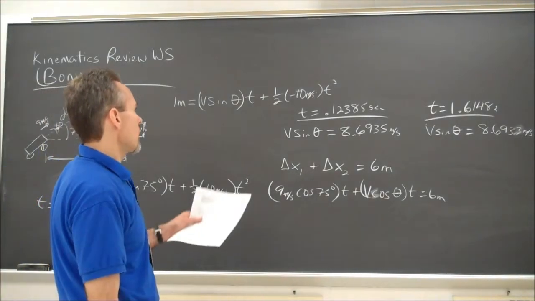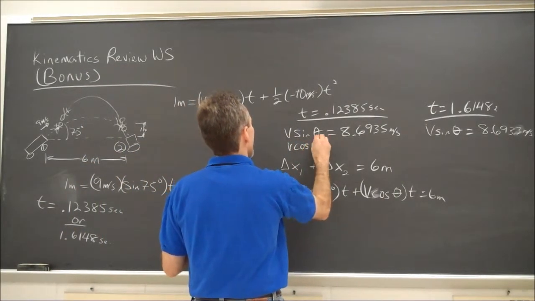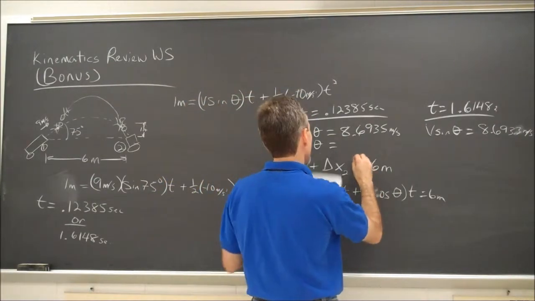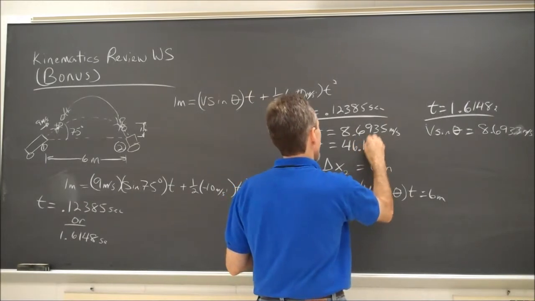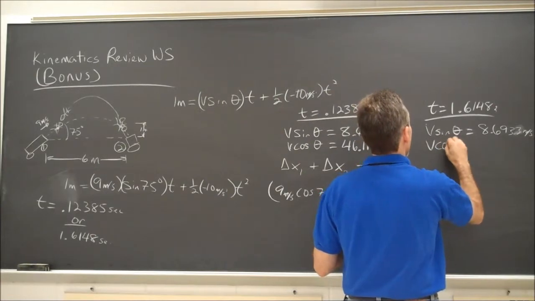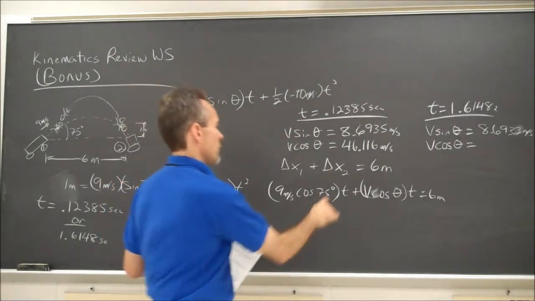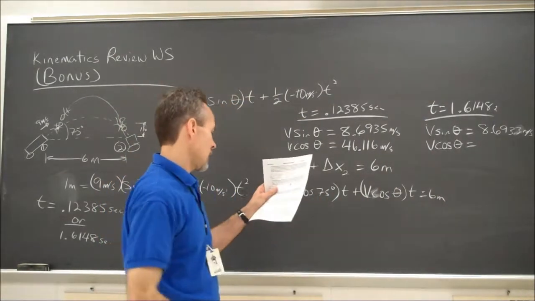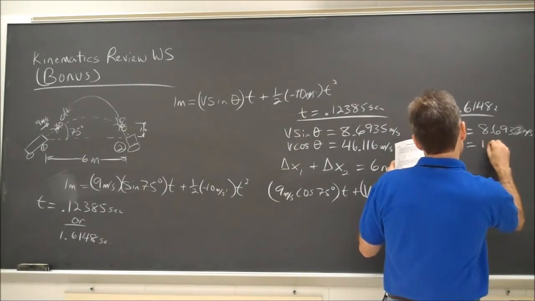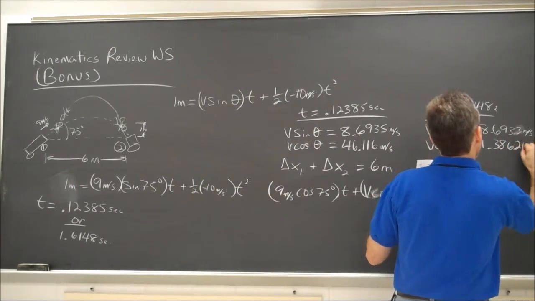At 0.12385 seconds, I get v cosine of theta to be equal to 46.116 meters per second. And at the other possible time of 1.614, when I plug that in here and solve for v cosine theta, I get 1.38626 meters per second.